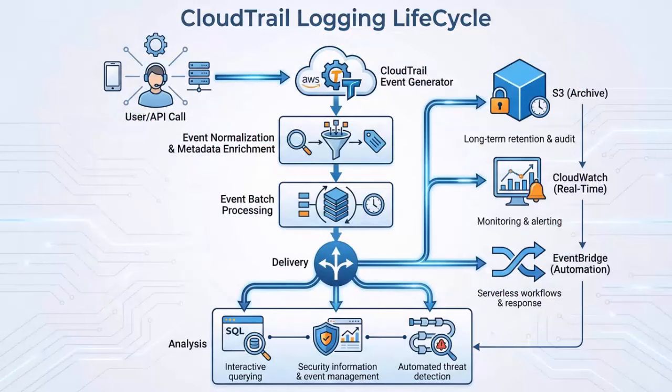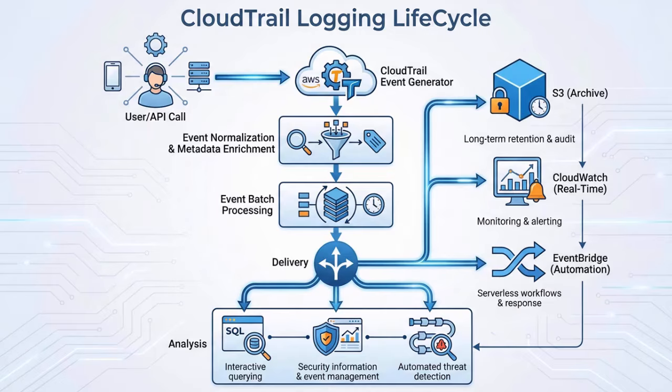And lastly, to sum this up, take a look at this lifecycle. You see here the architecture that enables modern cloud investigations. First, we start with the user making an API call, then it goes into the CloudTrail event generator. Then we have event normalization and metadata enrichment, and then batch processing starts.